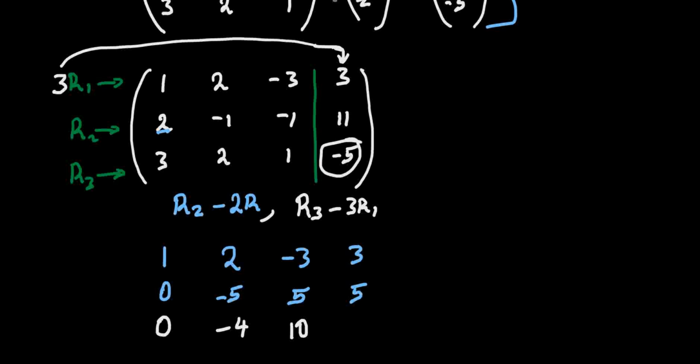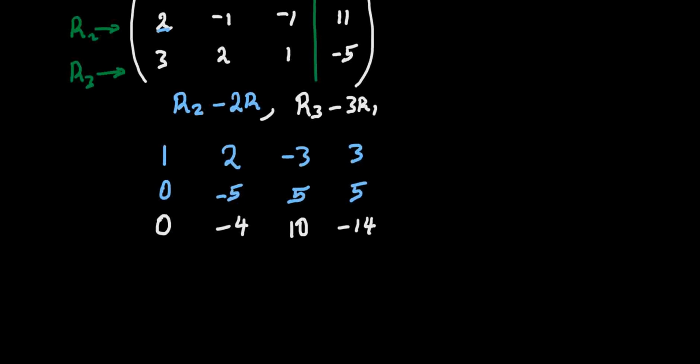So 3 times 3 is 9. So negative 5 minus 9 would give us negative 14. So this would be negative 14. All right. So clean up this from here. Good. So we have all the values now.